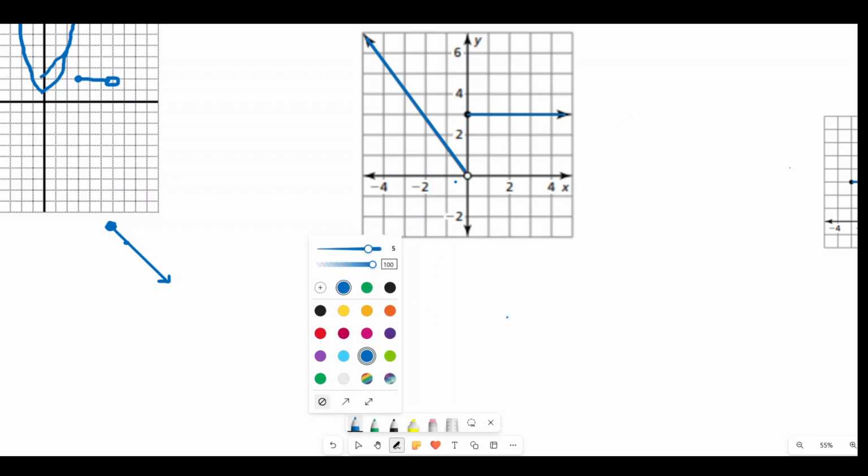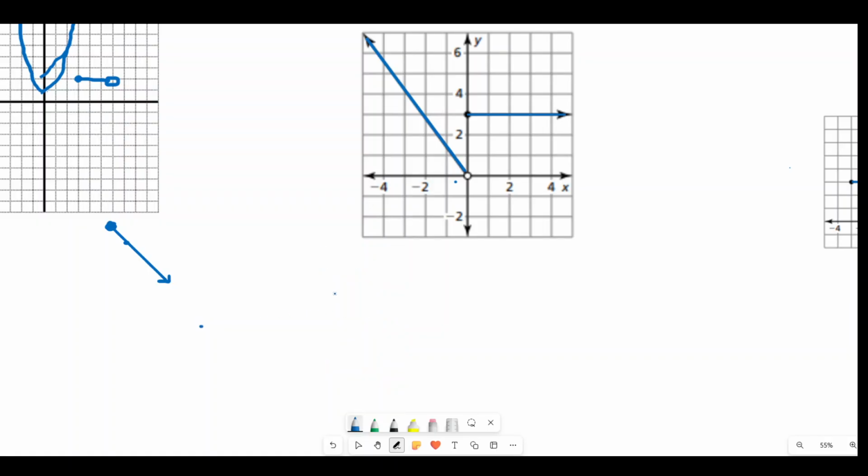So I know that my function is going to be made up of 2 different function rules. So the first rule is this line, and it exists when x is less than 0. So all of these x coordinates which produce this line, these input-output points, they're all below 0, and that is an open circle, which is why I used x less than 0.